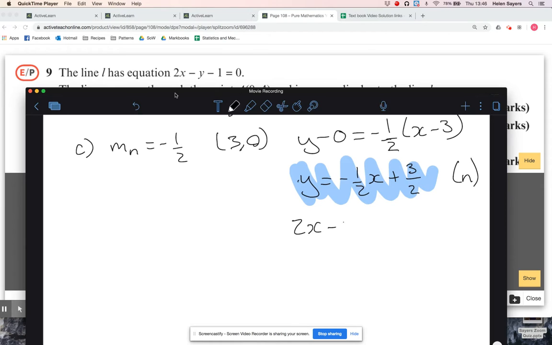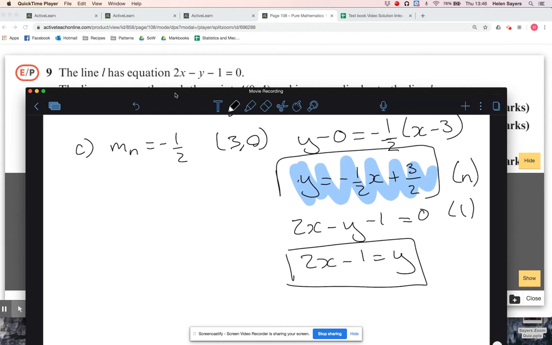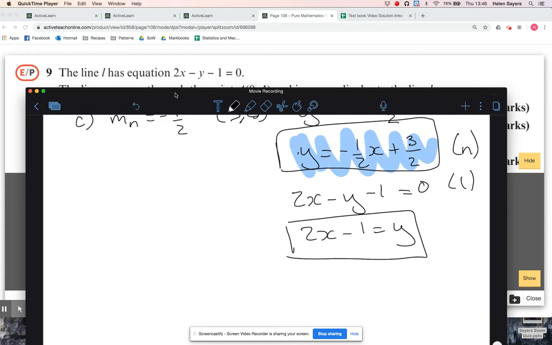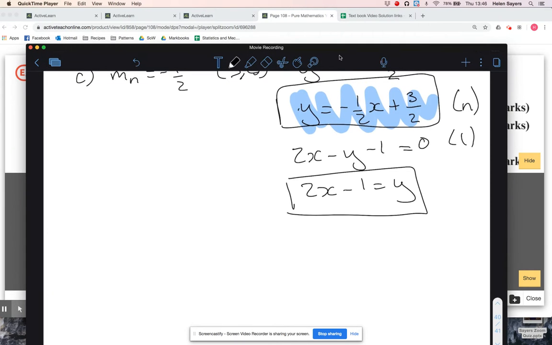I'm probably just going to tackle this in the same way as we did part B, which was to make y the subject of L. So I add y over, and then I've got two equations, both of them with y as the subject. As I said before, there's lots of variations on how you might solve these simultaneous equations.